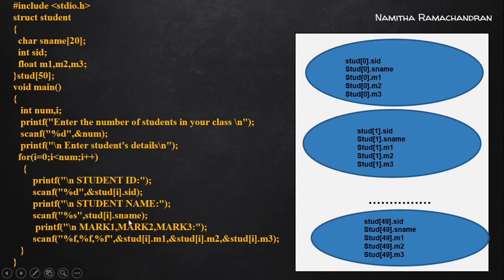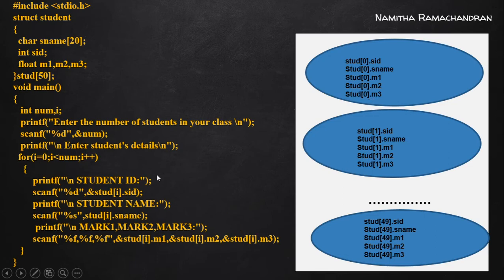Stud of 0.sname is actually pointing to this particular memory location, in which we can store the name which is entered through the keyboard. Then we read 3 different marks which are stored into the locations pointed to by stud of 0.m1, stud of 0.m2, stud of 0.m3.